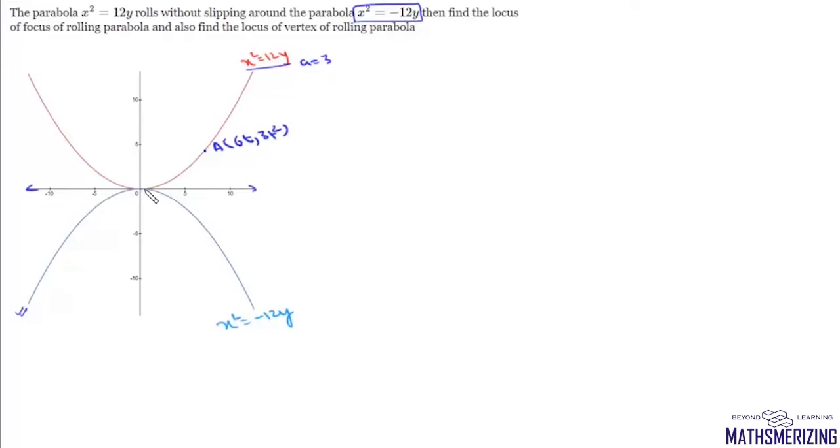So if this parabola starts to roll along this fixed parabola, then it will cover the same distance because it rolls without slipping. So if it covers the same distance, then once this parabola rolls down, this point A will come to this A dash, whose coordinate will be (6t, minus 3t square).